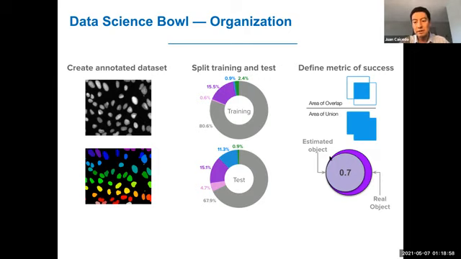Ideally, we want the objects to be exactly the same as the ground truth. But in practice, there is some mismatch that we aim to compute with this metric. And this is the feedback that we give to participants in order to let them know whether they are doing a good job at segmenting the cells in the test set. In the final round of the competition, they only have 1 week to segment the final test set, which is test 2.